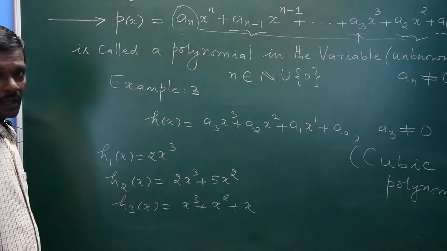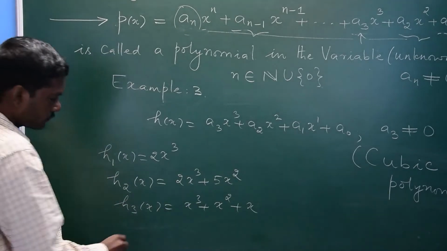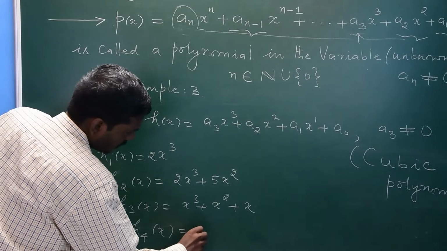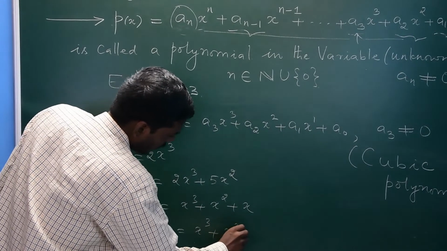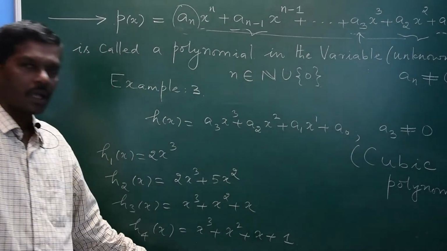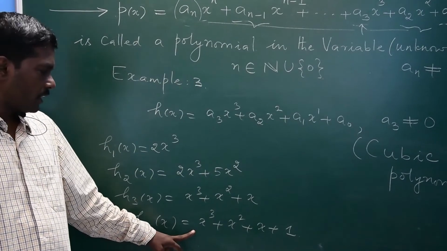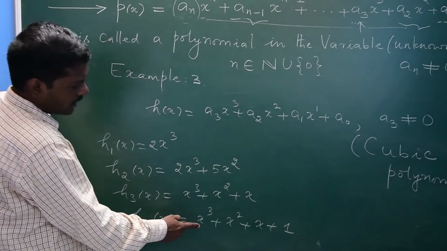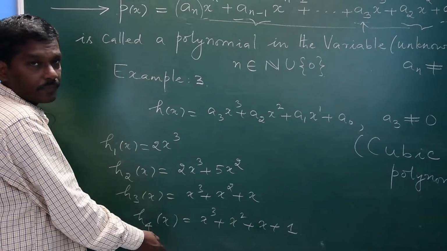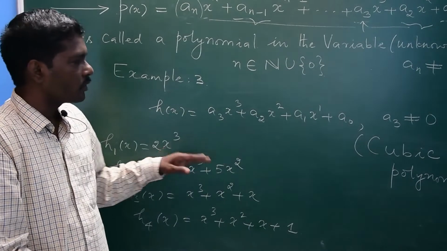This is also a cubic polynomial because the highest degree term is 3. And finally h4 of x is x cubed plus x square plus x plus 1. This is also an example of a cubic polynomial, because the highest degree is 3 in all the 4 cases.